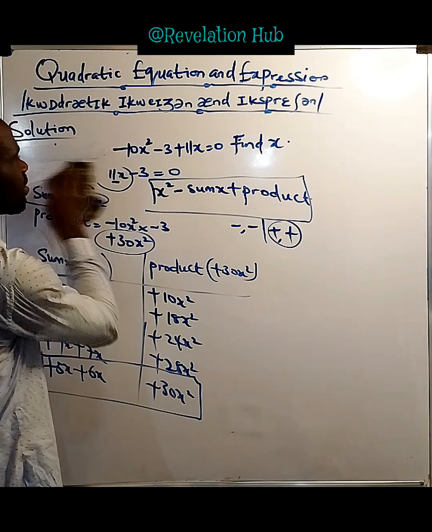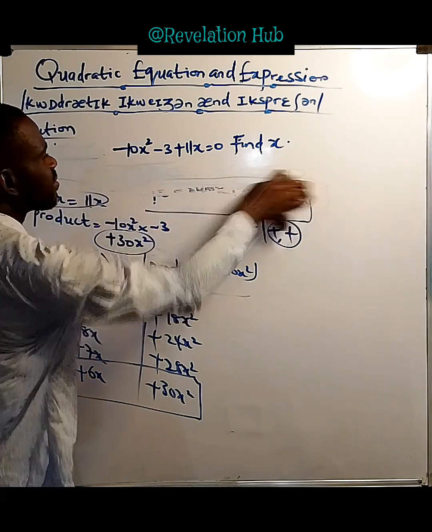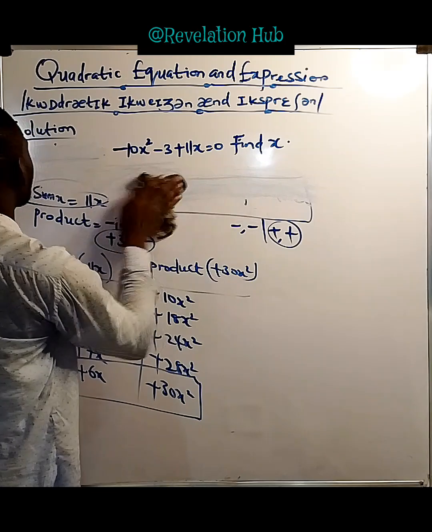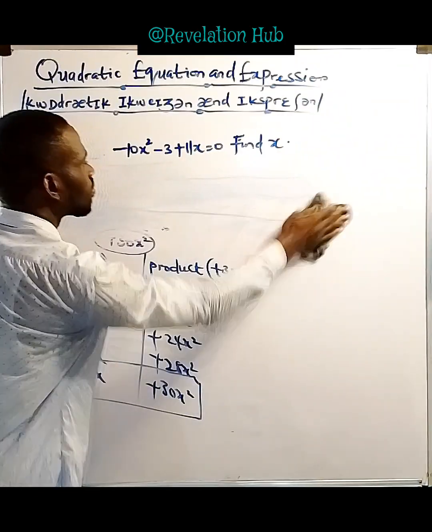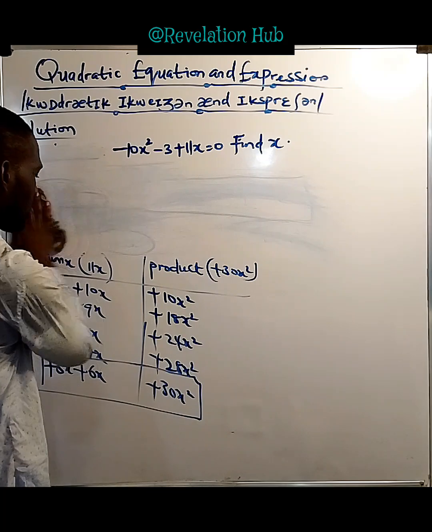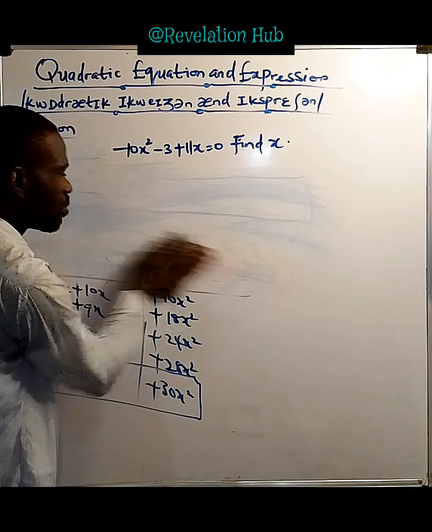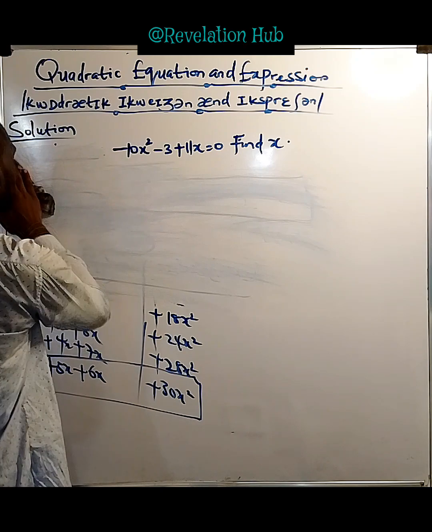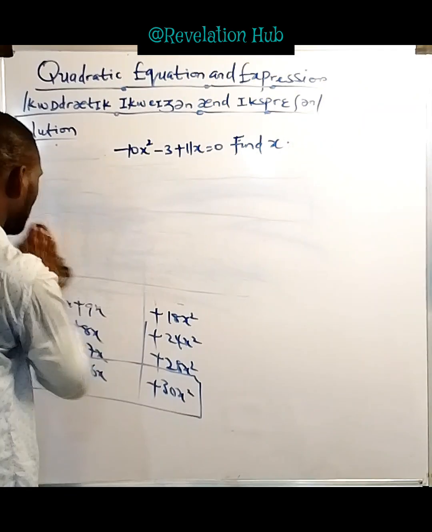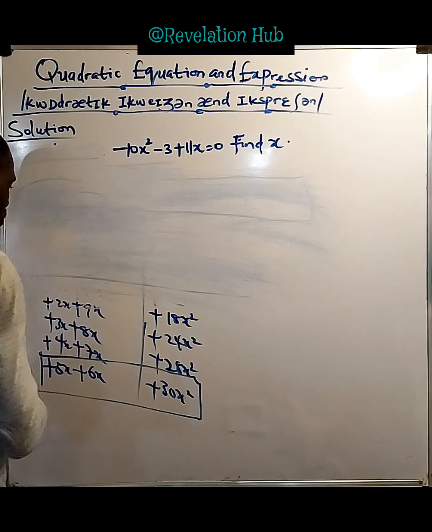Don't forget, factorize. So we've gotten what we wanted already: plus 5x and plus 6x are the two factors we've been prospecting for. So what do we do next? This is what we do next.